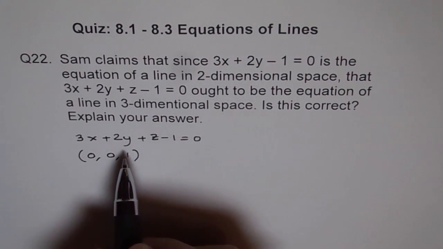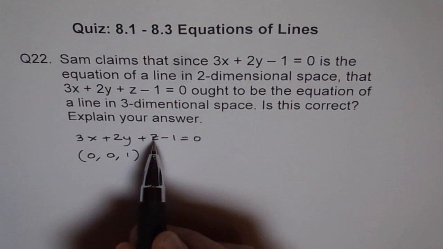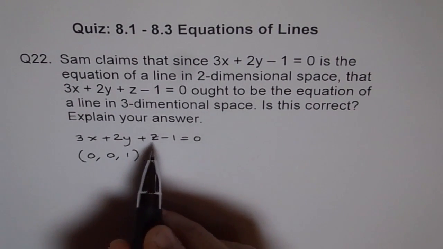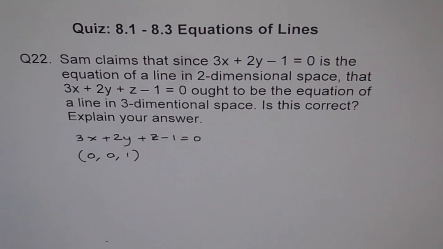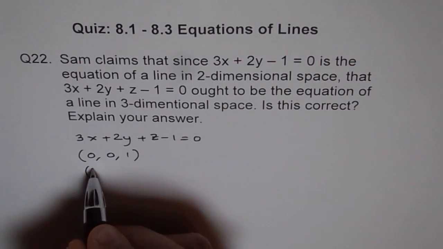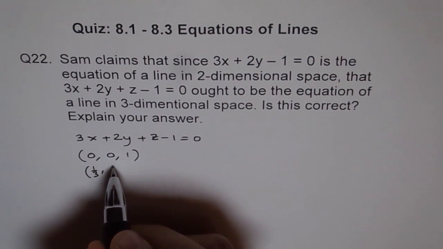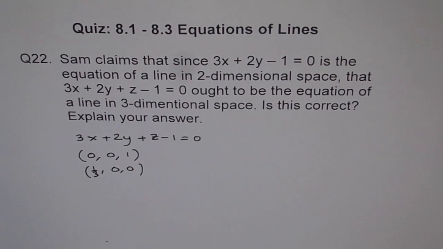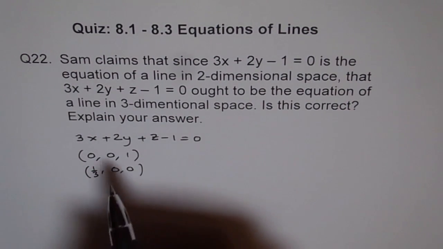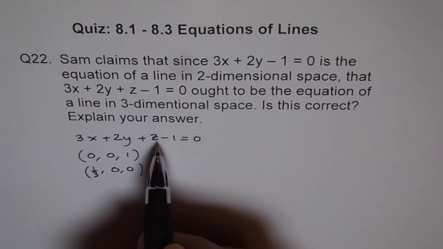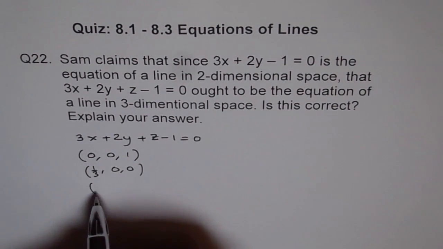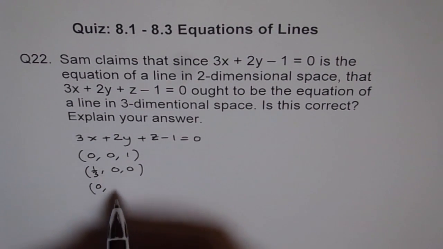Now let me put y and z as 0 and find what x is. If y and z are 0, then x is 1 over 3, correct? So we get (1/3, 0, 0). And if I put x and z as 0, then y is equal to a half, correct?